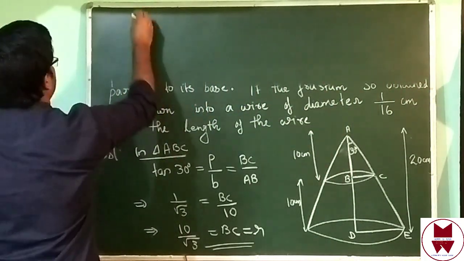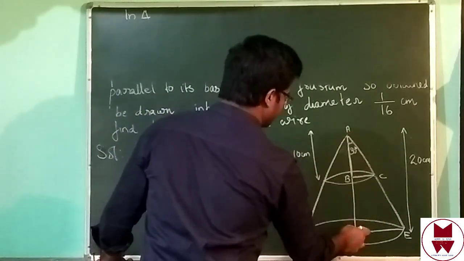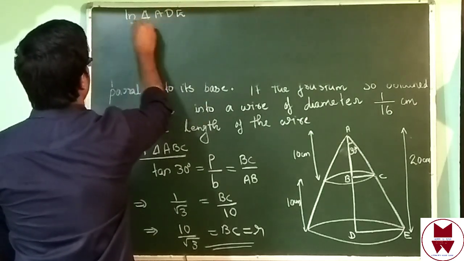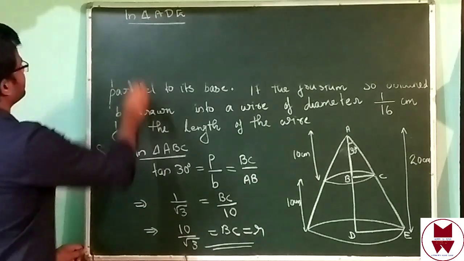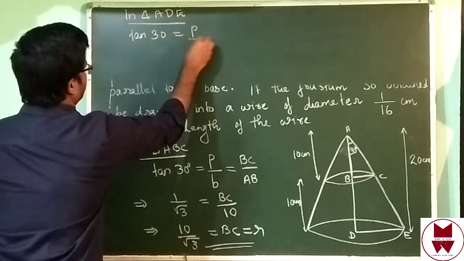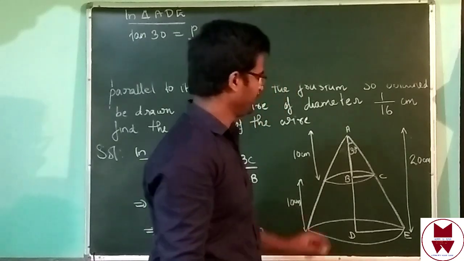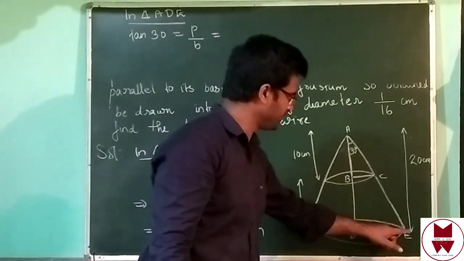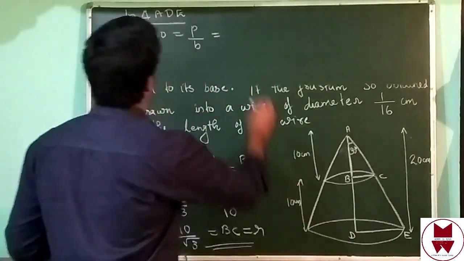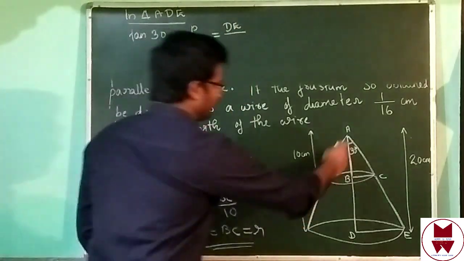Then next, in triangle ADE, there also we use tan 30. Tan 30 means perpendicular by base. In ADE, perpendicular will be the opposite side, that is DE, divided by base, the longer side, that is AD.